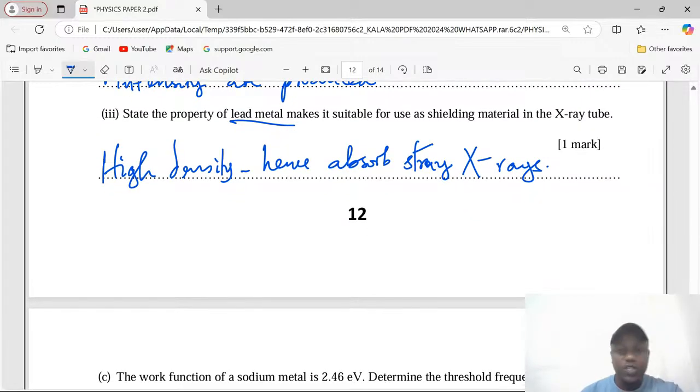If it was a material of lesser density, it would be penetrated, and X-rays would cause harm to the person operating the machine when they get exposed to the skin.